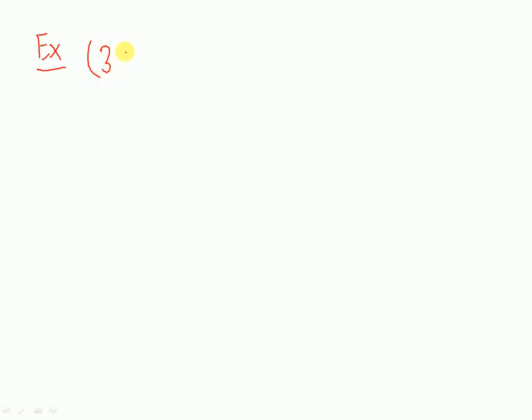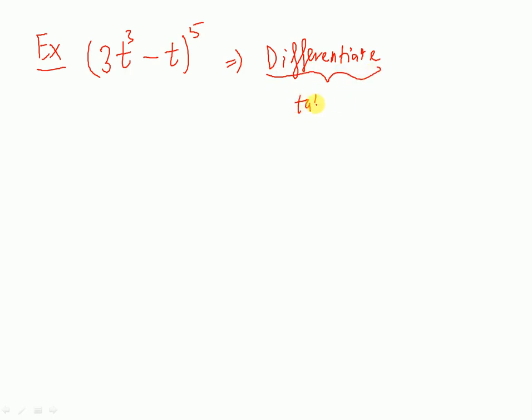So if I have 3t to the third power minus t to the fifth power. The question asks you to differentiate. This word means take the first derivative, or take the derivative of this function.